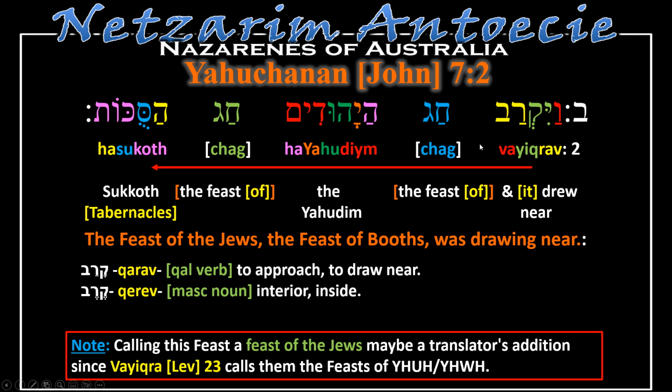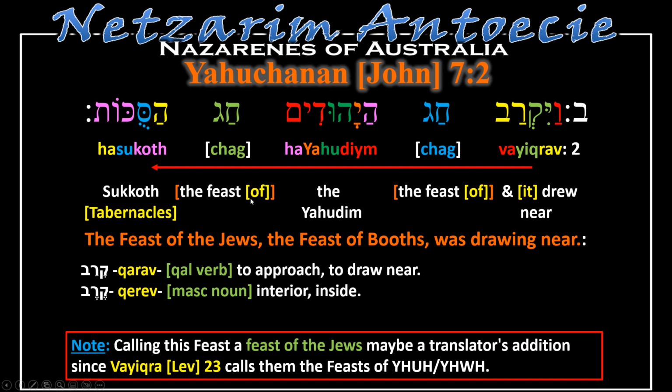So we read it. Vayikrav, and it drew near. There's no pronoun, so we can sometimes add he. It depends on the context. But here it is it, because it's dealing with the next word, which is chag, meaning the feast, and I've added of. Ha-Yehudim, the Jews.